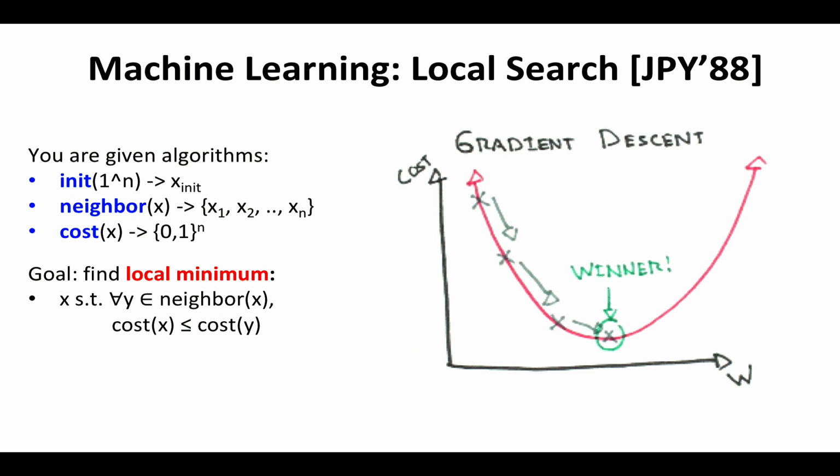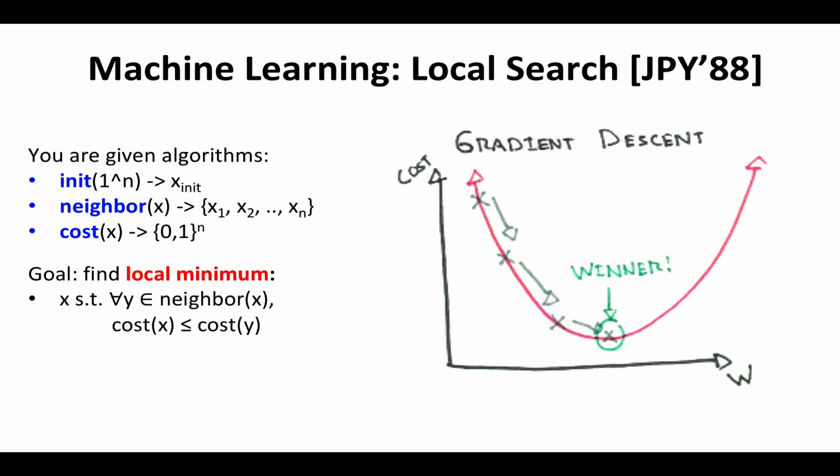One init algorithm that starts by giving you some initial solution. Then you have a neighbor algorithm that, given some solution, gives you a set of neighboring solutions. And then you also have a cost function. All these things are polynomial time computable, polynomial size circuits that I'm giving you.